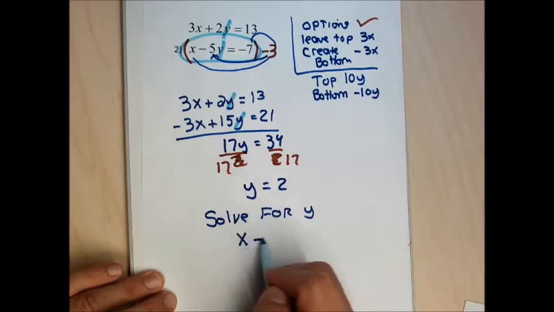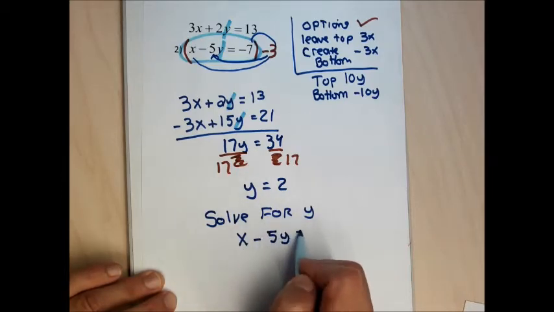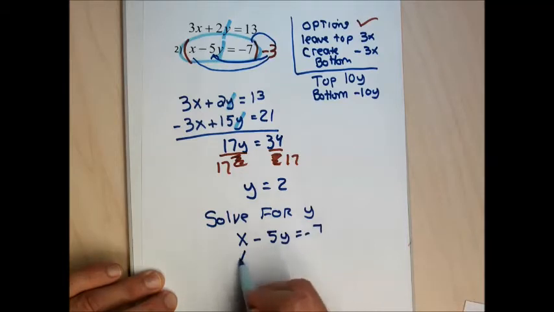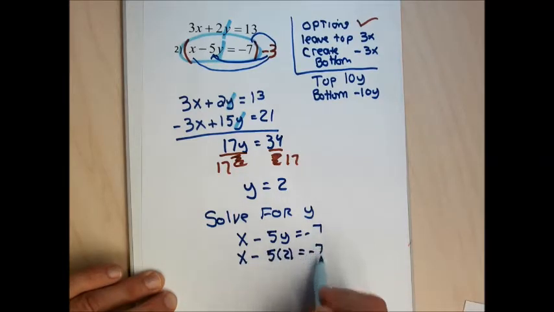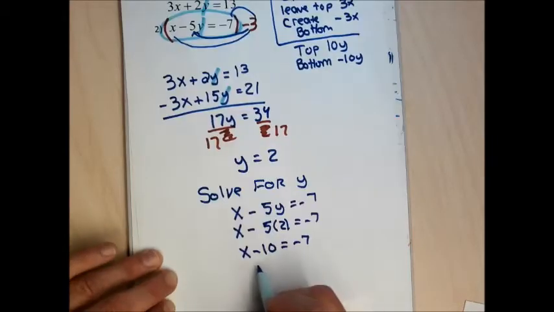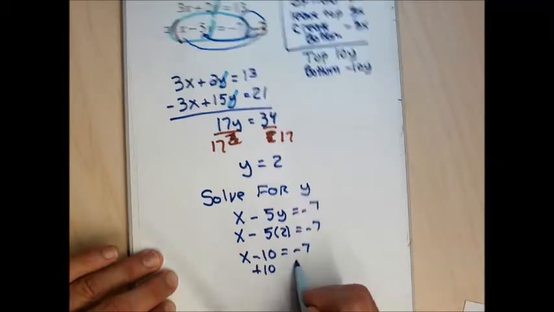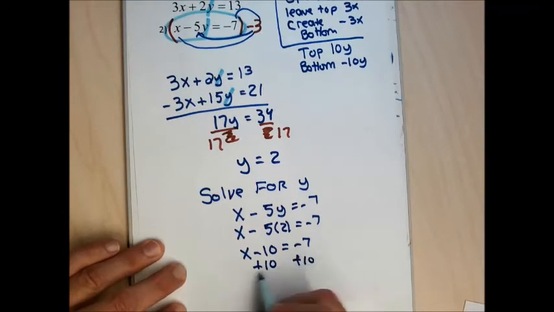But I'm going to choose the x minus 5y equal negative 7 equation. I'm going to plug in 2 for y. That's going to give me x minus 10 equals negative 7, and I'll just add 10 to both sides. And that's going to give me x equal to 3.